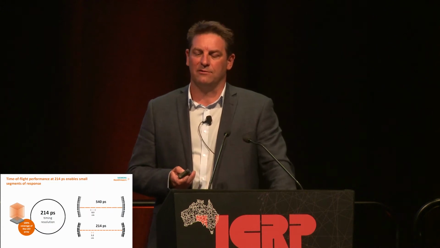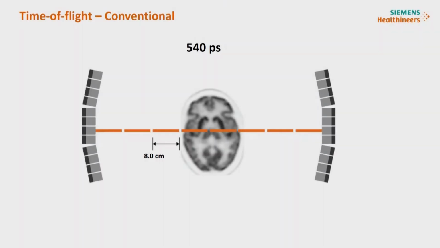With a 240 picosecond scanner, we're able to narrow that down to within about a 3.2 centimetre block.